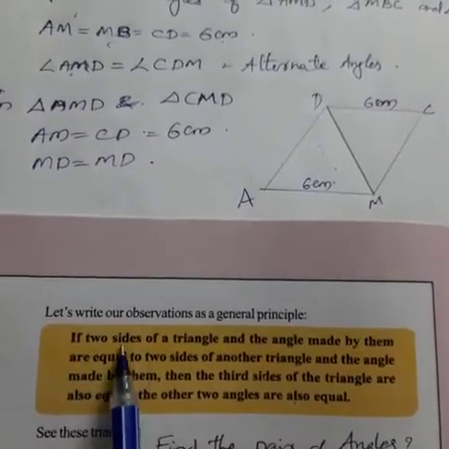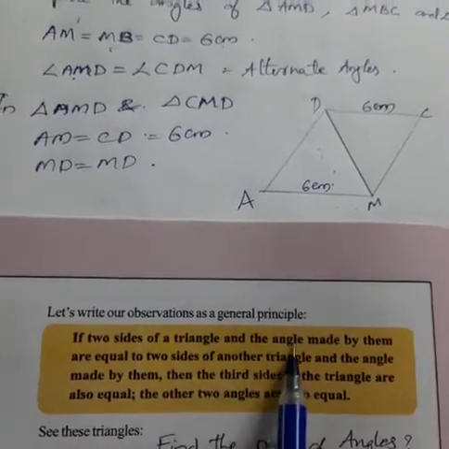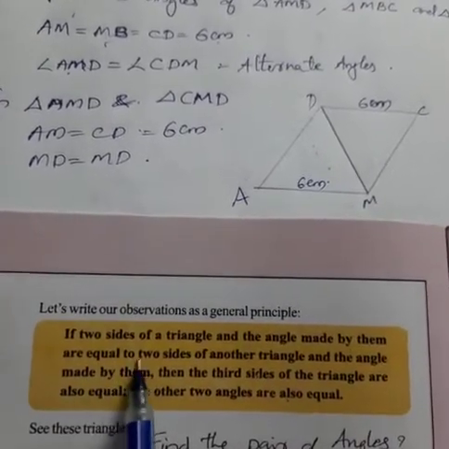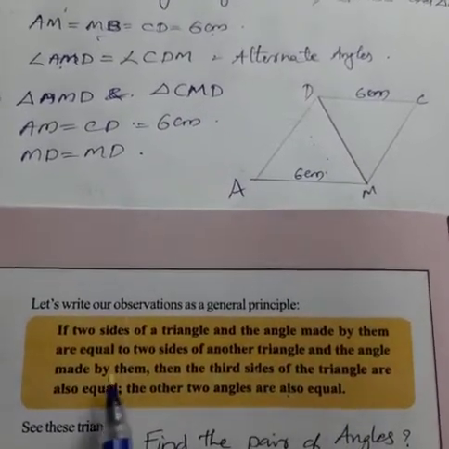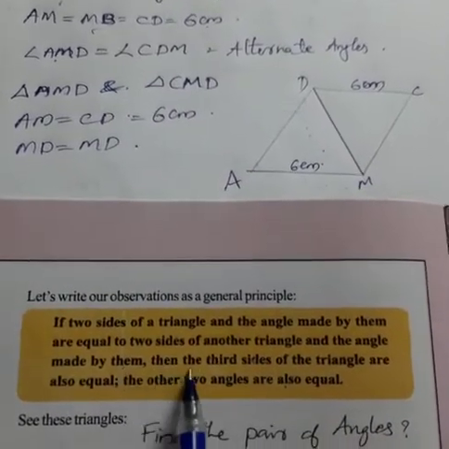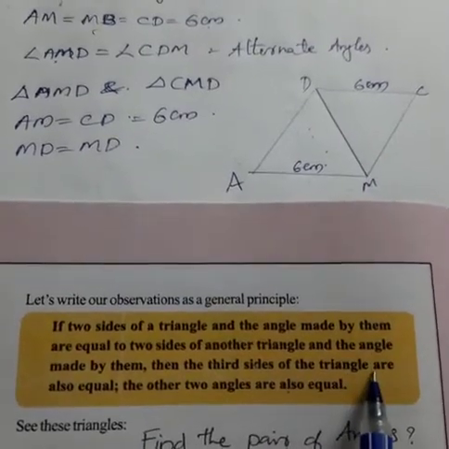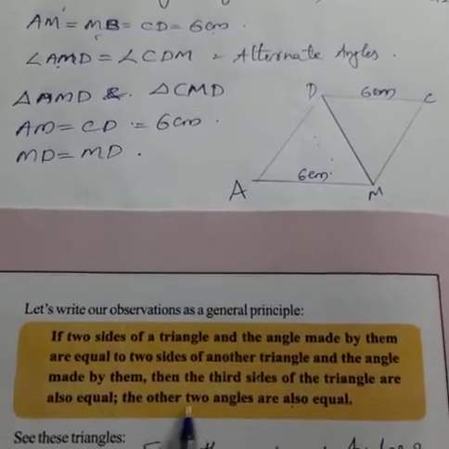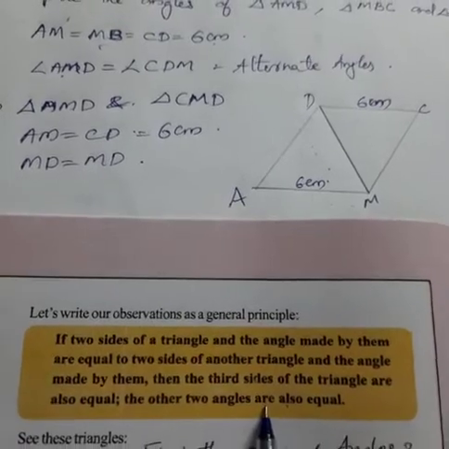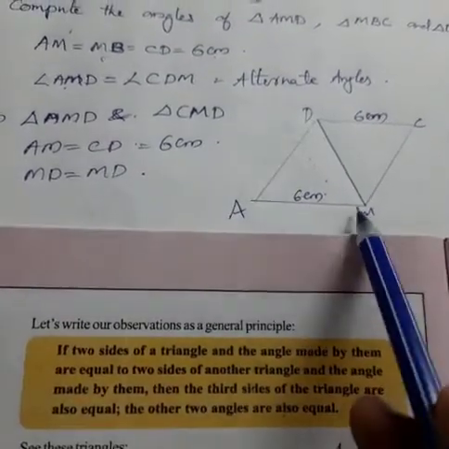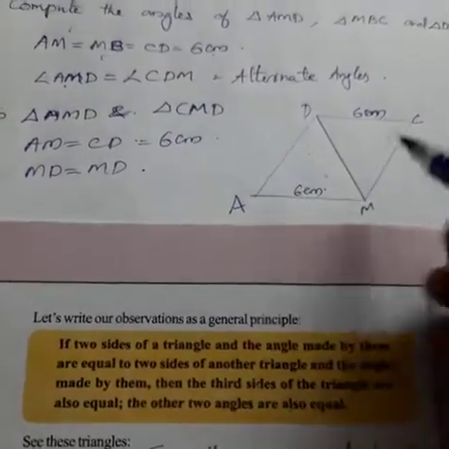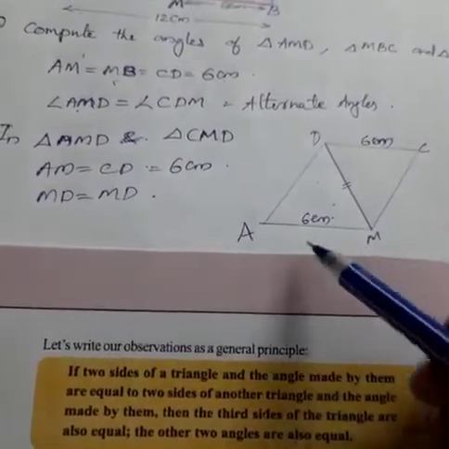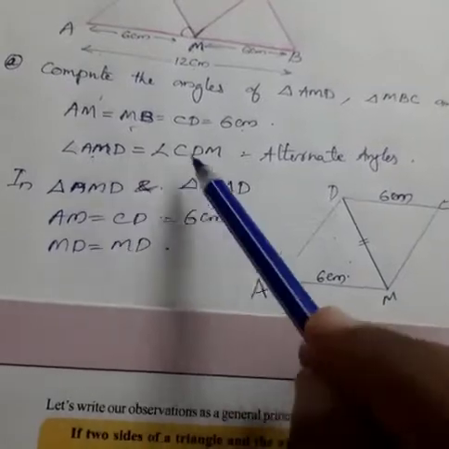If two sides of a triangle and the angle made by them are equal to two sides of another triangle and the angle made by them, then the third side of the triangle is also equal, and the other two angles are also equal. Here AM is equal to CD, and MD is the common side for both the triangles, and here you get an alternate angle also.